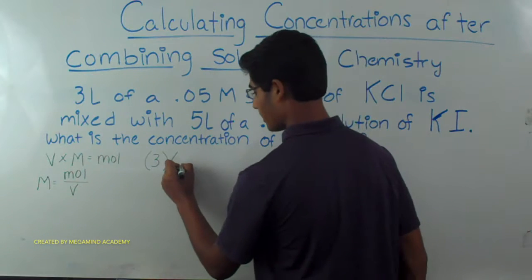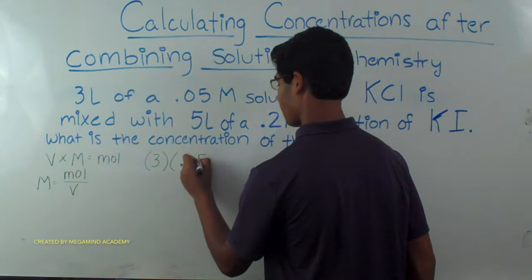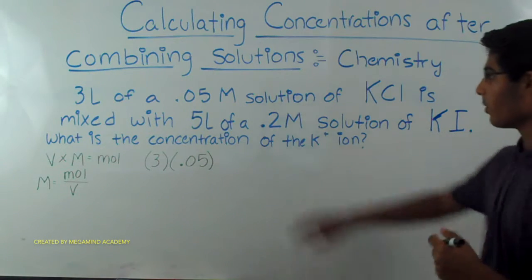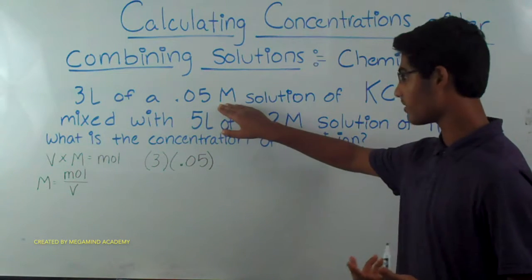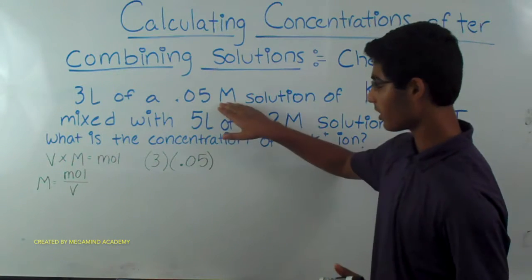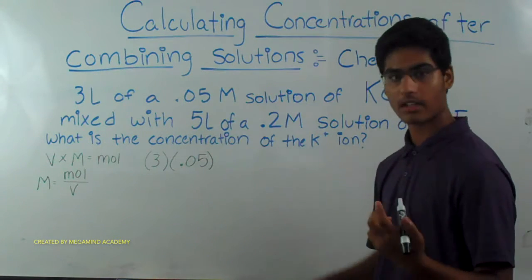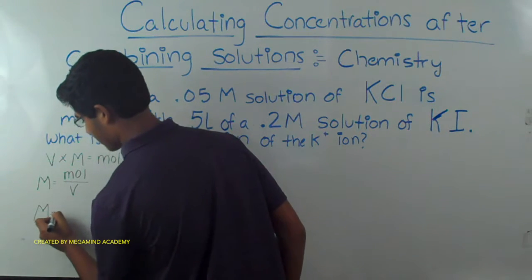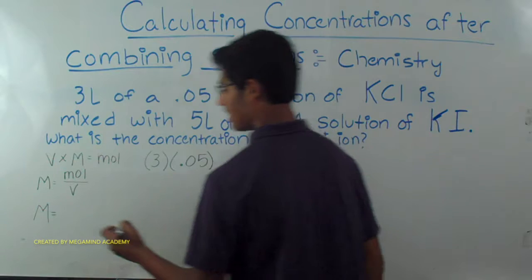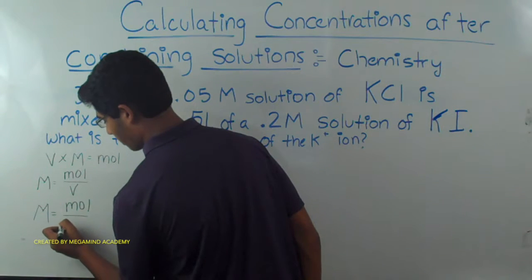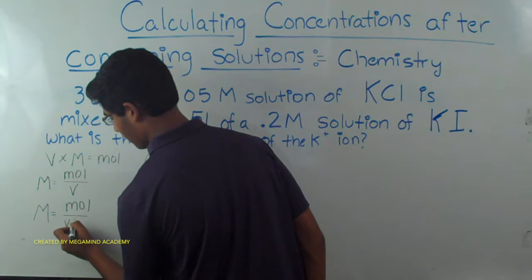So 0.05. And here's another thing you should know. Whenever there's just a capital M, that's the standard notation for molarity, which is moles over the volume in terms of liters.